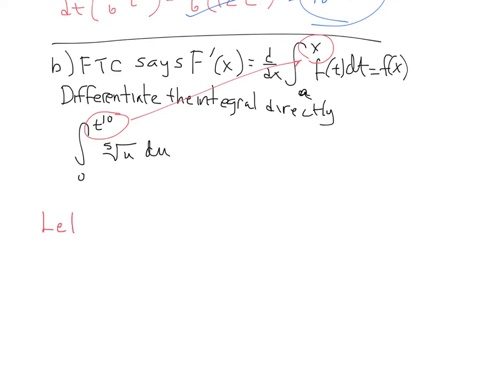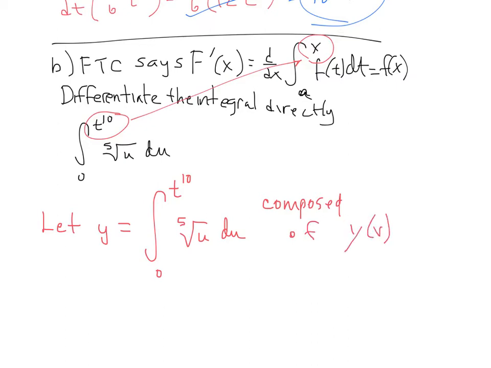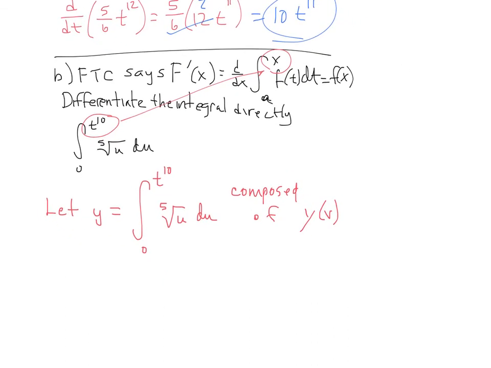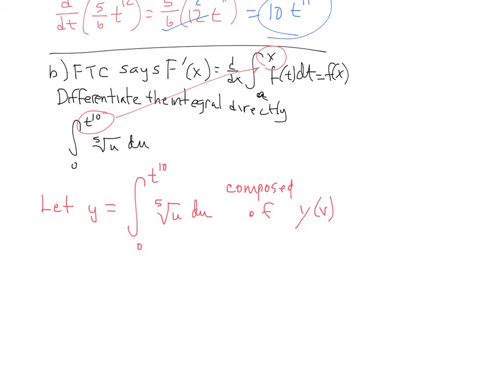I can let y equal this integral, from 0 to t to the 10th, fifth root u du. So I just created a new integral that's going to be composed of this y now as a function of v, where v is going to be my t to the 10th.